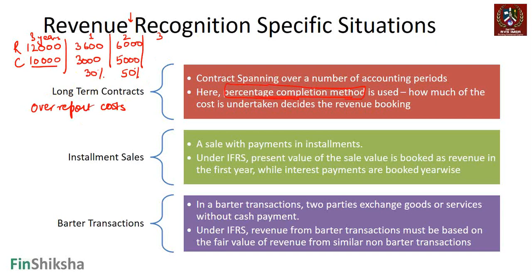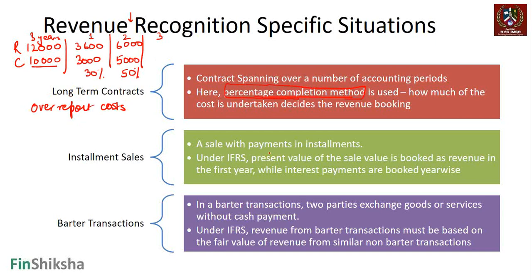But in general, that's the accounting method where we figure out how much of the cost has been undertaken, and based on that we arrive at the percentage of revenue that the firm has accrued in that period. So that's basically the structure of revenue in terms of long-term contracts.